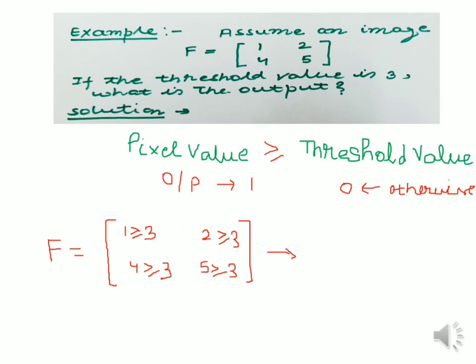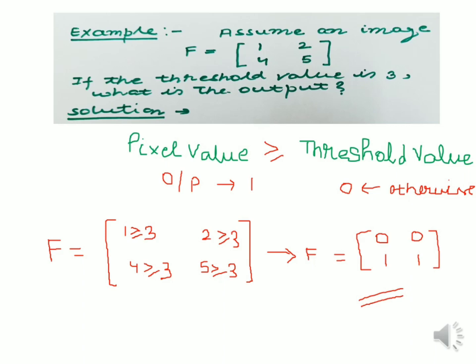After applying this particular condition, you can write down the output. Here the pixel value is less than the threshold, so the output will be 0. Here also the pixel value is less than the threshold, so the output is 0. While in this case the pixel value is greater than the threshold, so the output is 1, and similarly in this case. So the output image is represented as 0, 0, 1, 1.